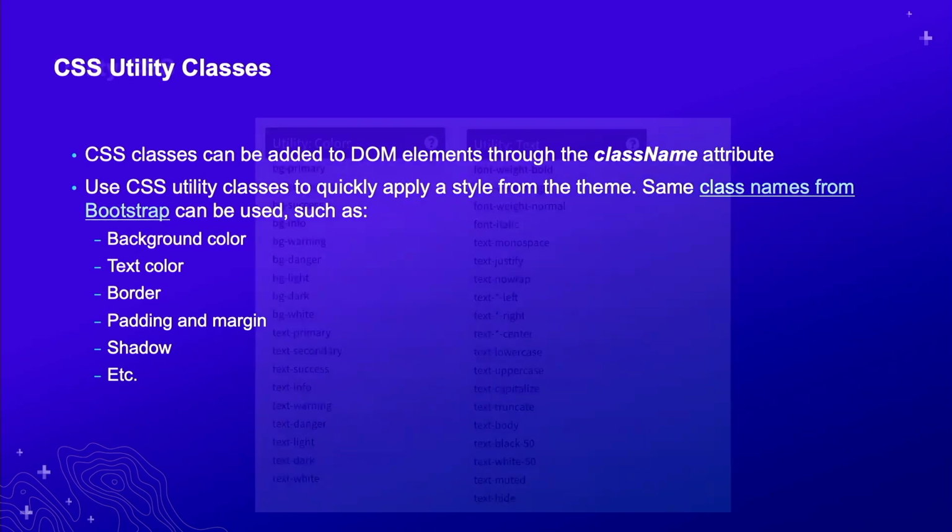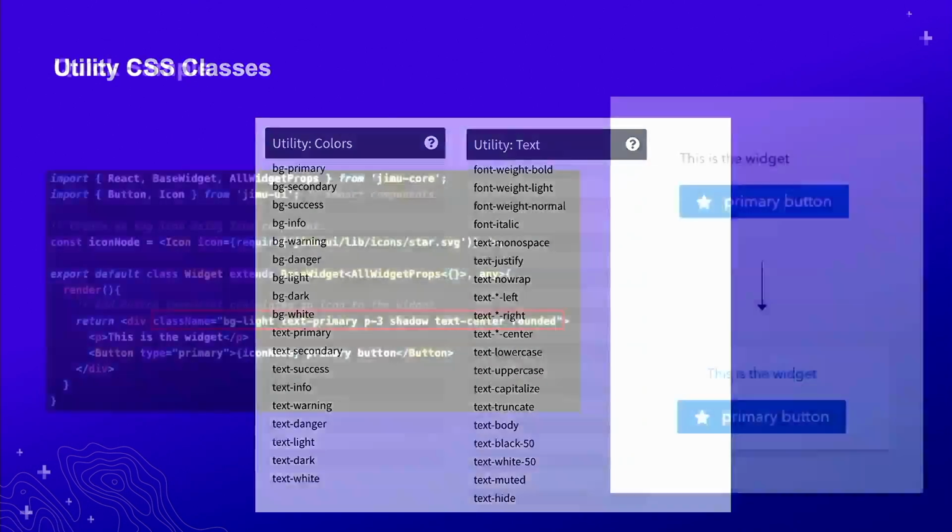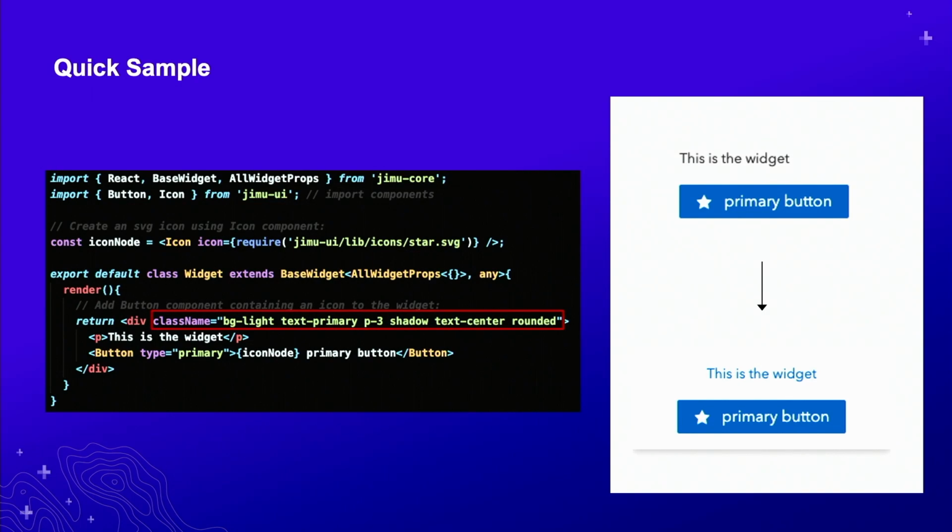Here we have the list of some most commonly used classes from Experience Builder. You can see we have the classes for the background color, text color, and then some font utilities. Next, here's an example of applying some utility classes to a widget.